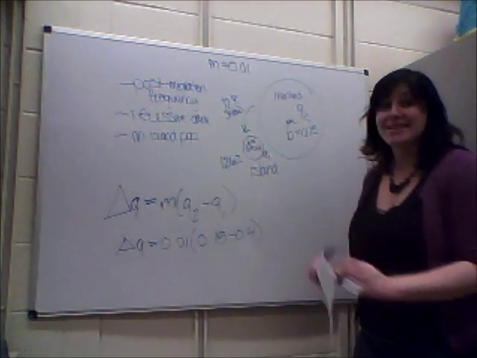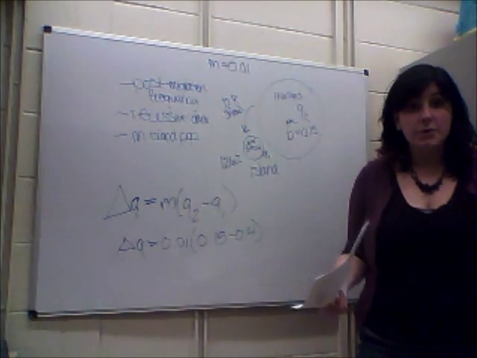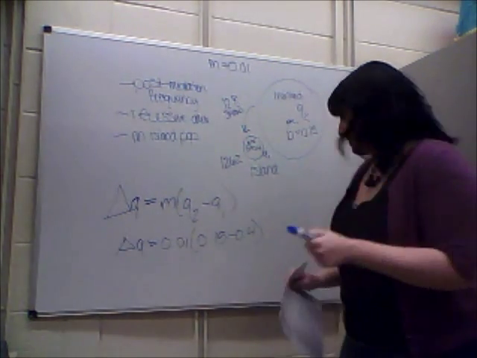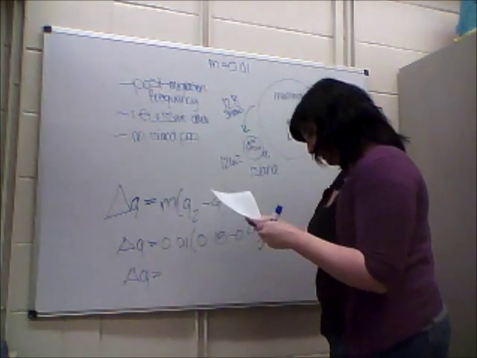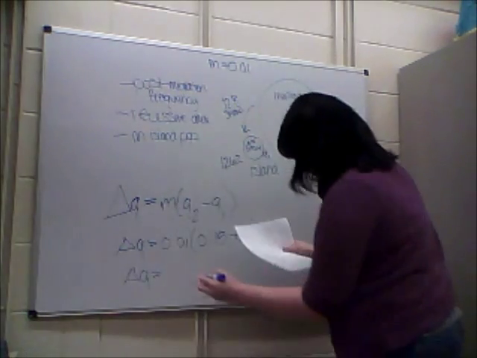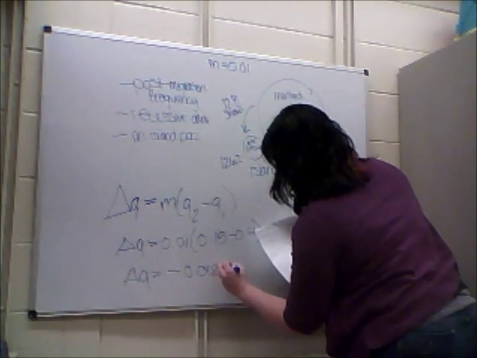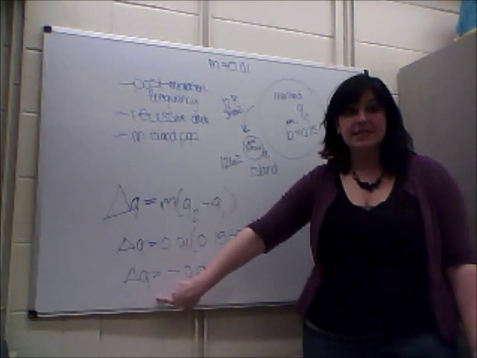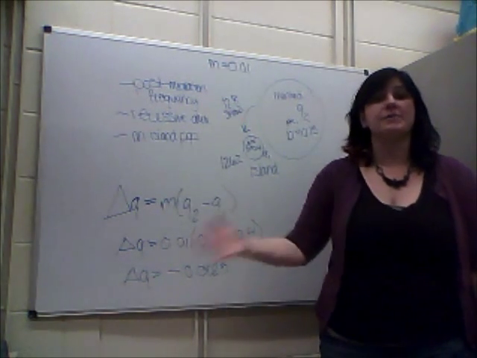It can be negative because it's a change in allele frequency, and that frequency can either increase or decrease. So when we calculate this out, you get a really small number. Negative 0.0025. Alright? And it's negative. That means that this allele frequency is decreasing. It's smaller after migration has occurred.